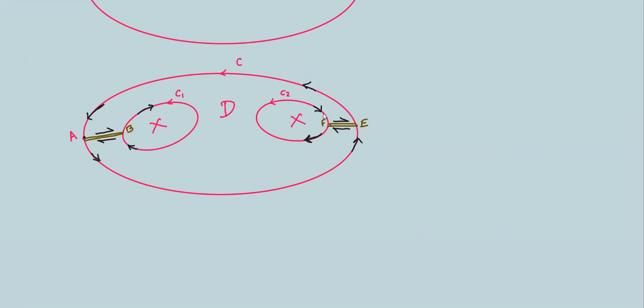Although it's a multiply connected domain, if we include these two as the boundaries, this becomes a simply connected domain. Okay.